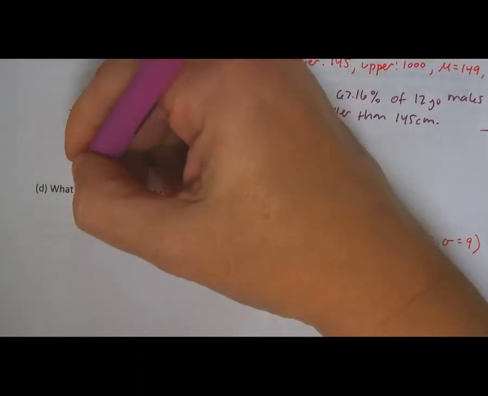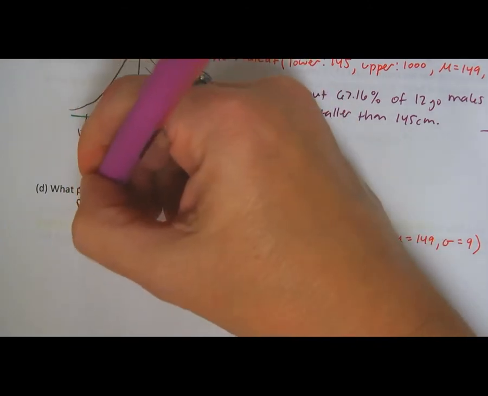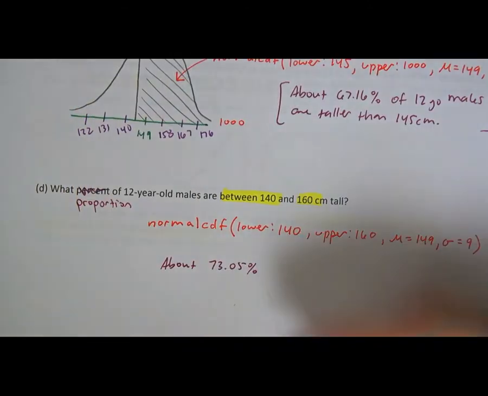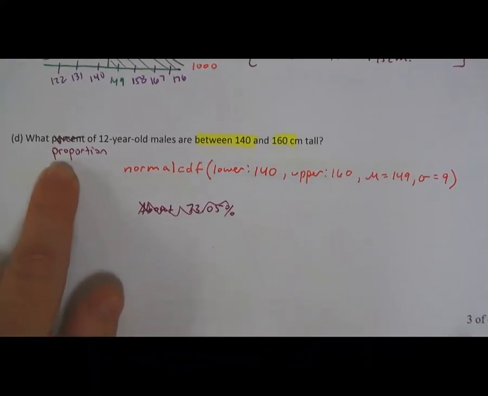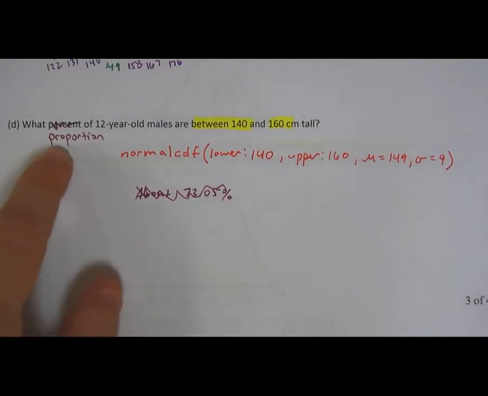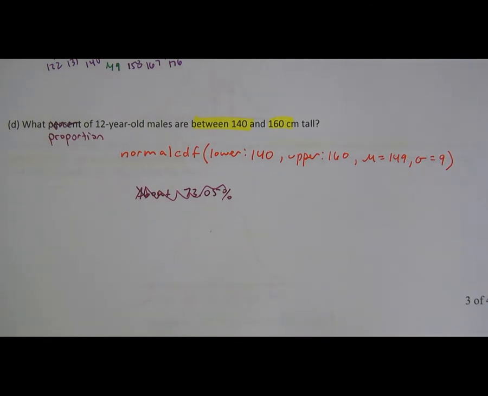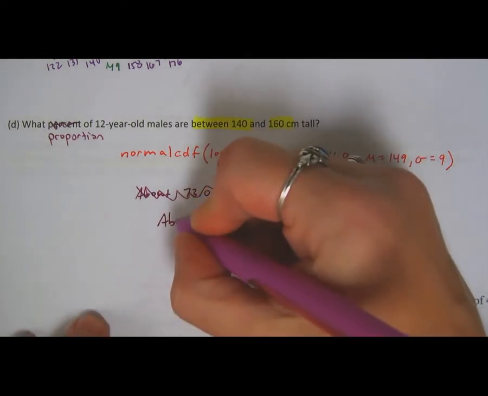What if it said proportion? How would you give your answer? I kind of hate that none of these say that, and I want you to get used to that. Mark that out, put proportion. I want to make sure you're comfortable with giving the proportion answer, because it feels awkward to write. You're going to write the same exact sentence, I promise.